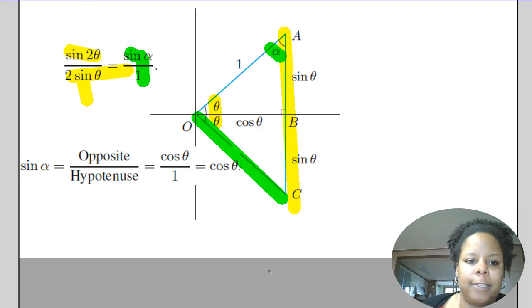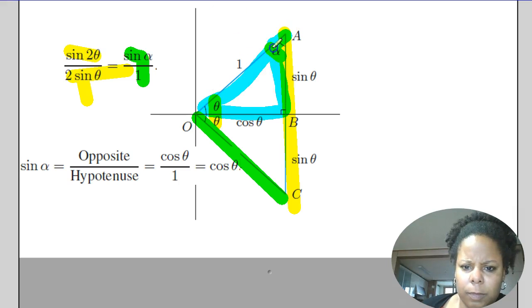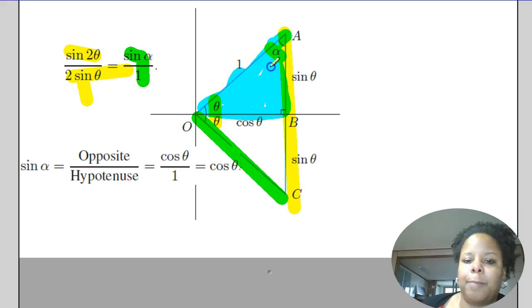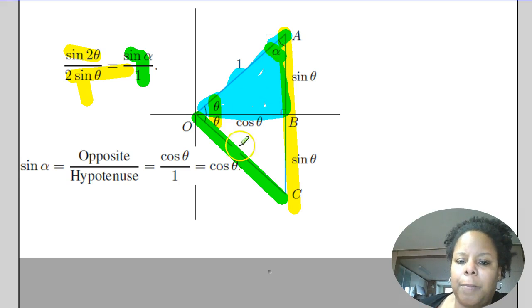Why do we know that? We're taking a look at this triangle. We talked about that before, but simply opposite over hypotenuse is the same thing as the adjacent side to the theta angle, which is cosine theta over 1. So that means I can replace in this problem sine of alpha with cosine of theta.